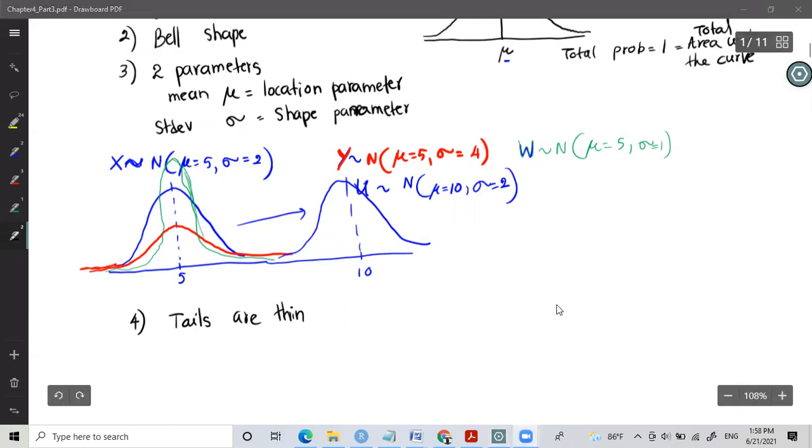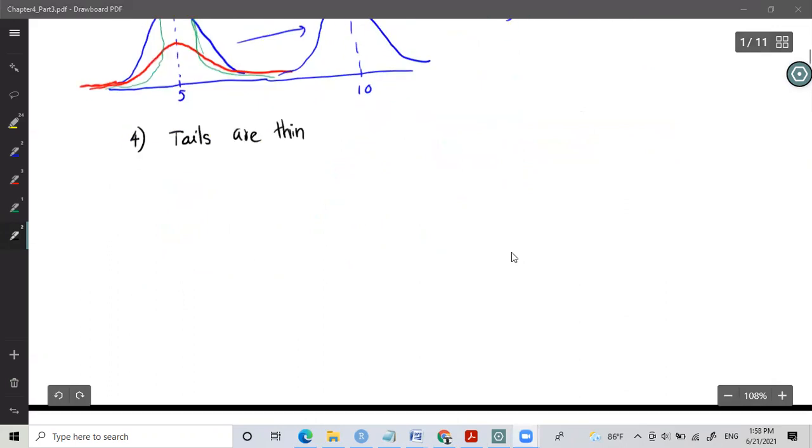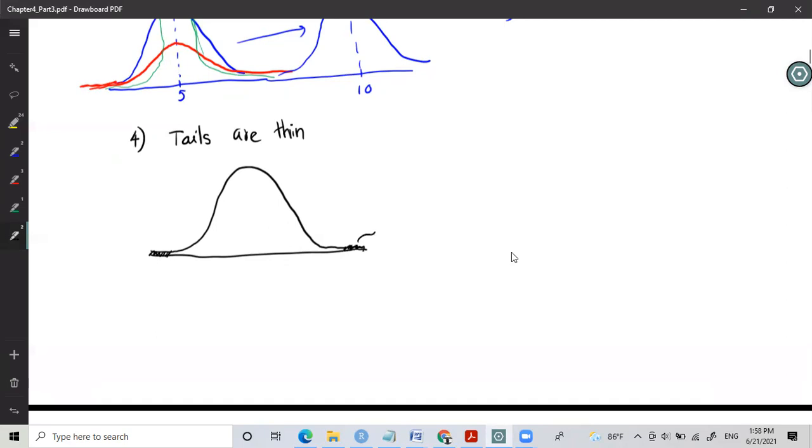So the tails are thin, that means like this, right? Towards the end of the normal distribution, the tail probabilities are very, very low, approximately 0. That means the area that covers these tails is very, very low. Towards negative infinity and positive infinity, the area covered by the tail becomes almost 0.